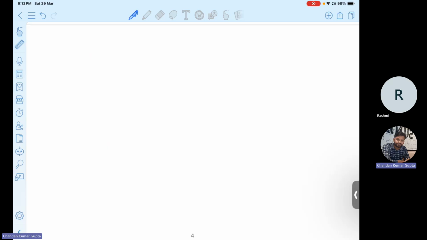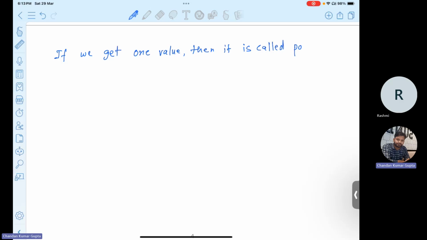Suppose when we use an estimator and we get only one value, then it is called a point estimate.